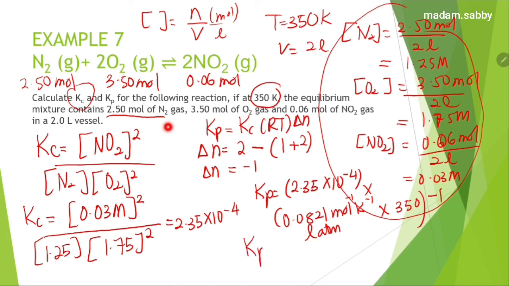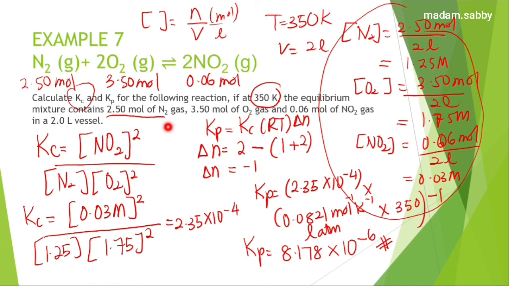If you press your calculator, you will get your Kp to be 8.178 times 10 to the power of negative 6. Again, you don't have to state the unit for your Kp, because in our current syllabus we can simply state that both Kc and Kp have no unit.